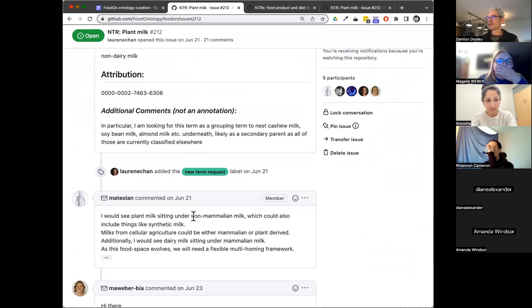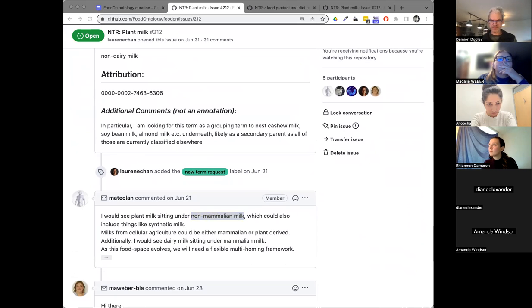So I guess, do we have a non-mammalian milk right now? I think that's the other thread of conversation going on, still trying to define what we would use. It seems like we're in agreement that a non-mammalian milk is needed.